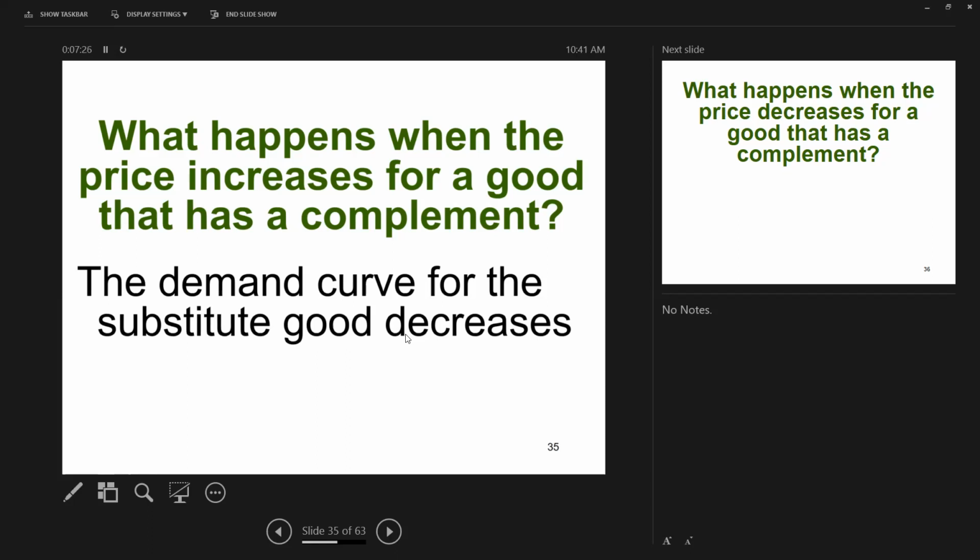So we move up the demand curve for computers. When that happens, quantity demanded for computers would decrease. Because of that decrease in the quantity demanded for computers, people would be buying fewer printers to go with them. That would cause a decrease in the demand curve, or a decrease in demand for printers if the price of computers went up.